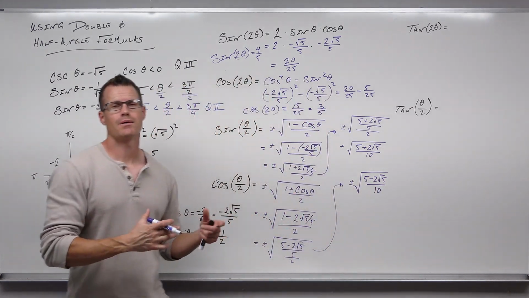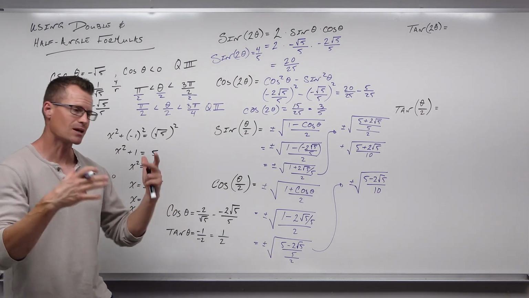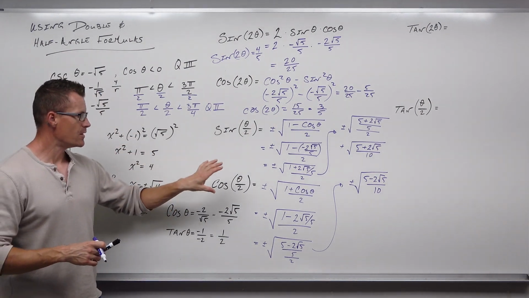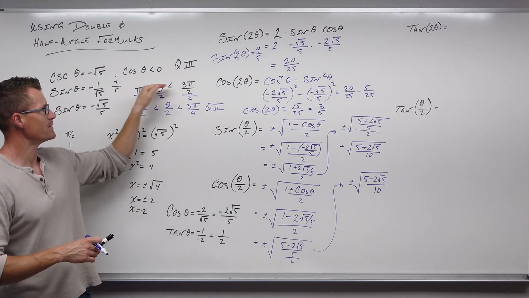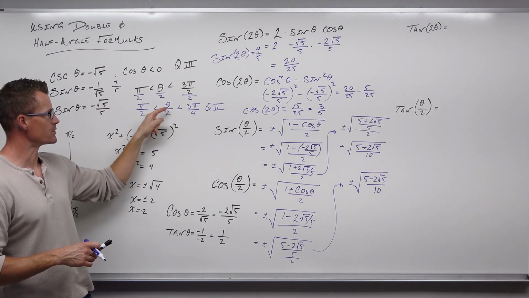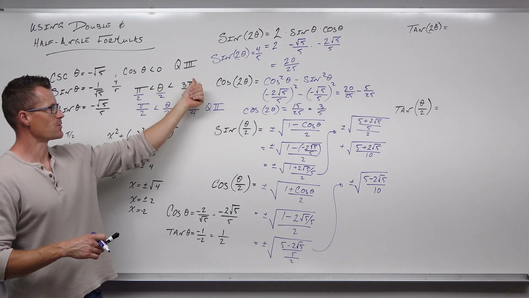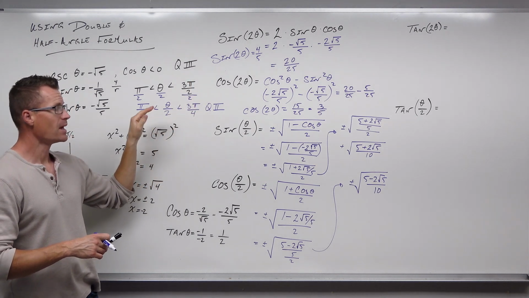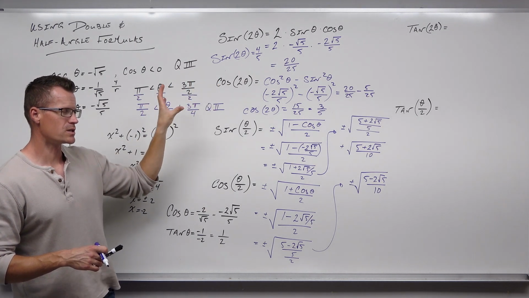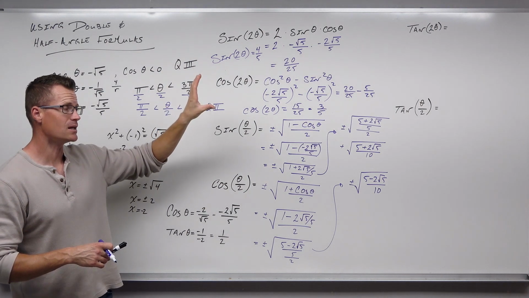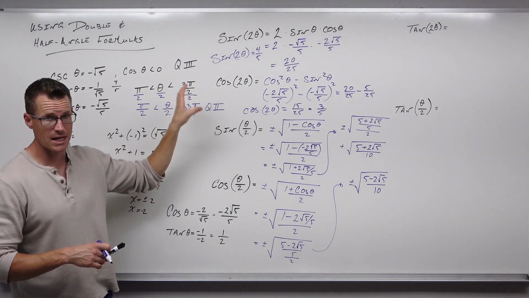All that's left to do now is determine whether that's positive or negative. So we take a look back at our quadrant. We say that theta over 2 is in quadrant 2. We've already determined that by cutting this in half. So theta became theta over 2, pi became pi over 2, 3 pi over 2 became 3 pi over 4. We're in quadrant 2. Let's see, sine's positive in quadrants 1 and 2. Cosine is negative in quadrant 2. Positive in 1, negative in 2.